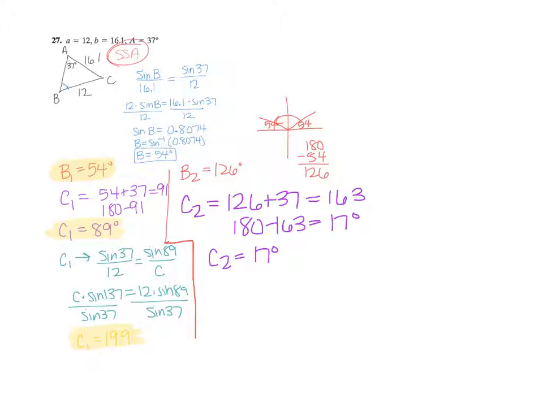And then the last step for the second part is to find little c2. To find little c2, I have to, again, do the law of sines proportion. It's going to be sine 37 over 12. Those are the original numbers they gave us. And then we're going to use the new angle I just got for C, sine 17 over little c. And then we cross multiply and solve.